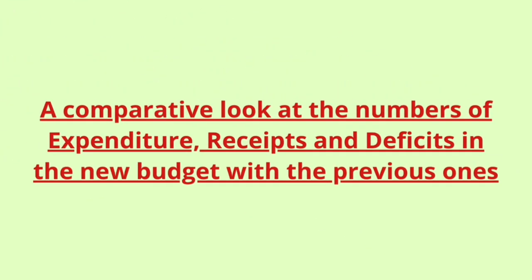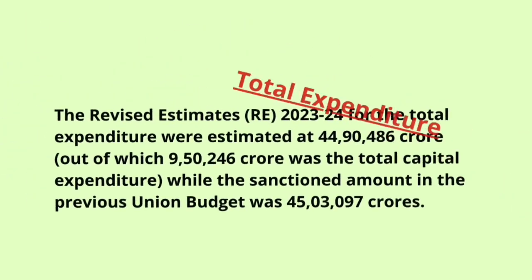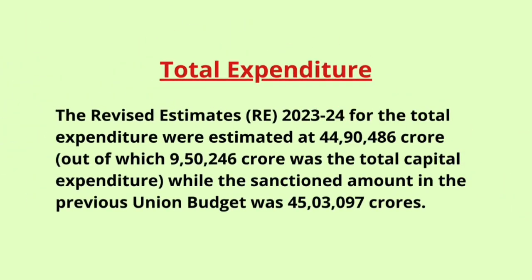Let's take a look at the numbers of expenditure, receipts and deficits in the new budget compared with the previous ones. Total expenditure. The revised estimates 2023-24 for the total expenditure were estimated at 44,90,486 crores, out of which 9,50,246 crore was the total capital expenditure, while the sanctioned amount in the previous union budget was 45,03,097 crores.